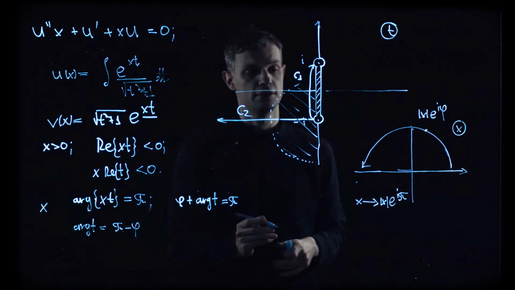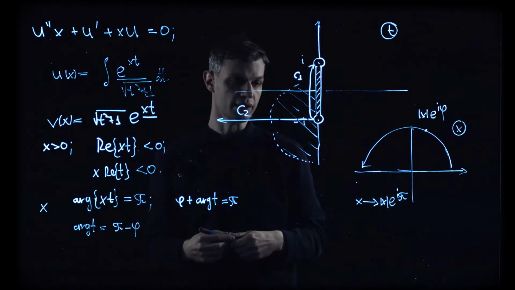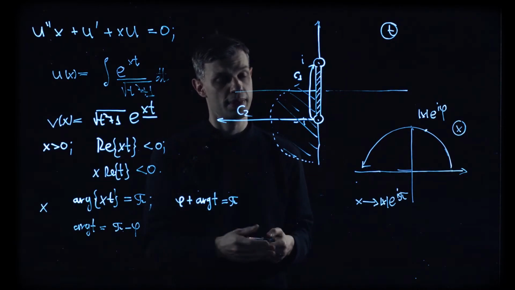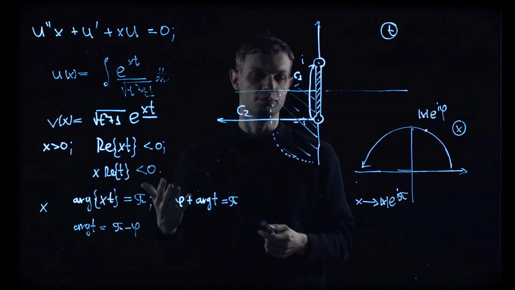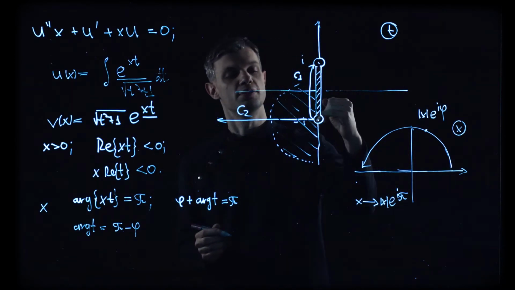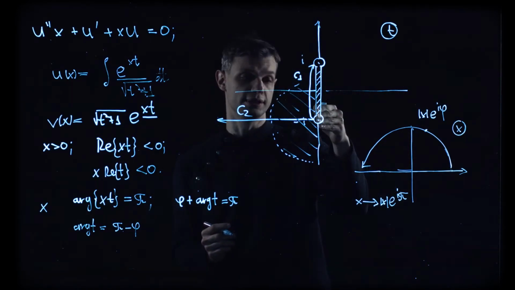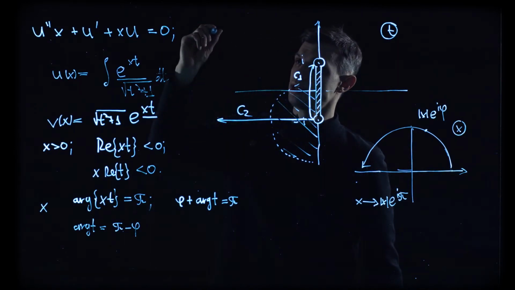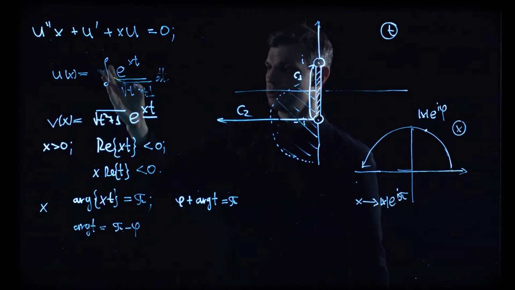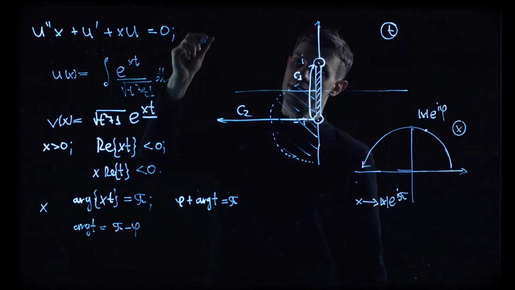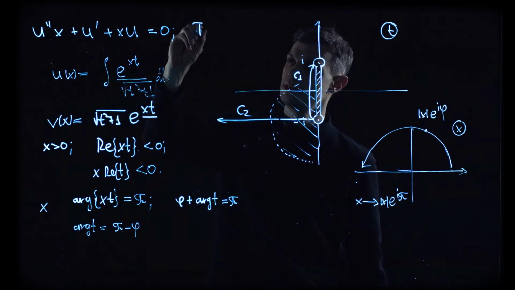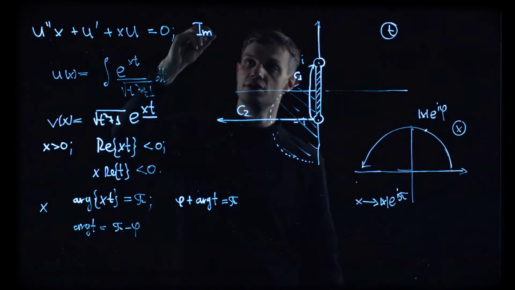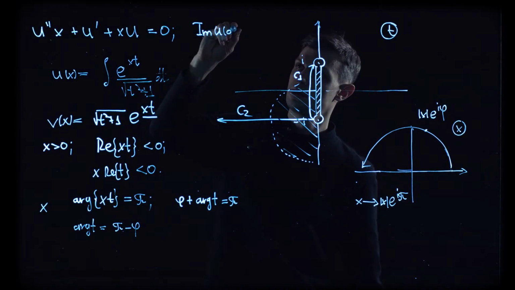But before we do so, let's just discuss the normalization condition for our solution, because that's an interesting problem by itself. We discussed last time that the solution is unbounded at x equal to 0, right? But how can we fix the normalization constant, for example? Well, we can fix it by imposing a condition on the imaginary part of u of x at the origin.